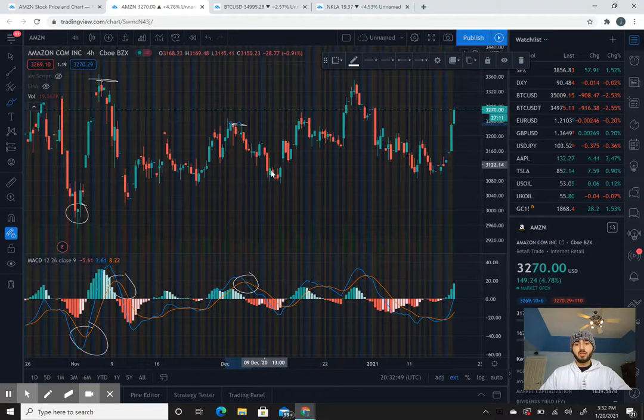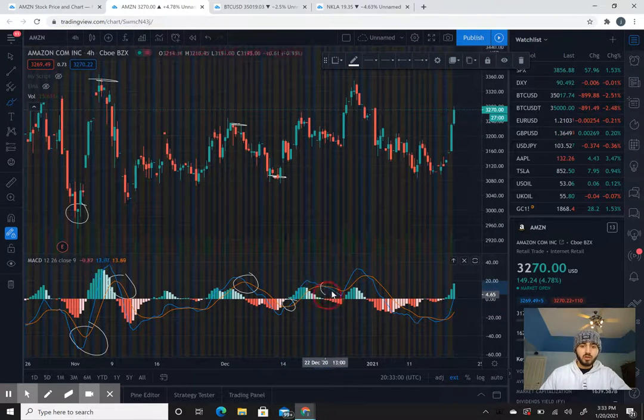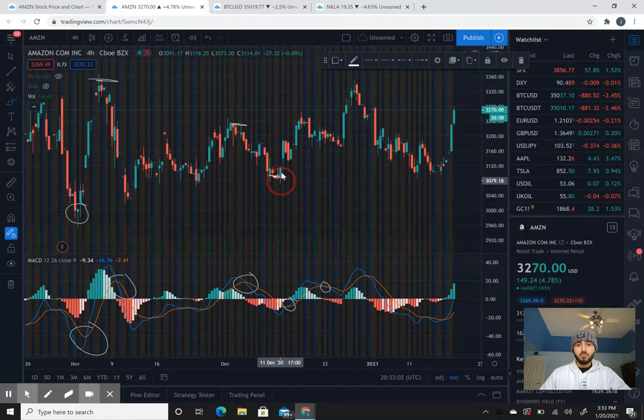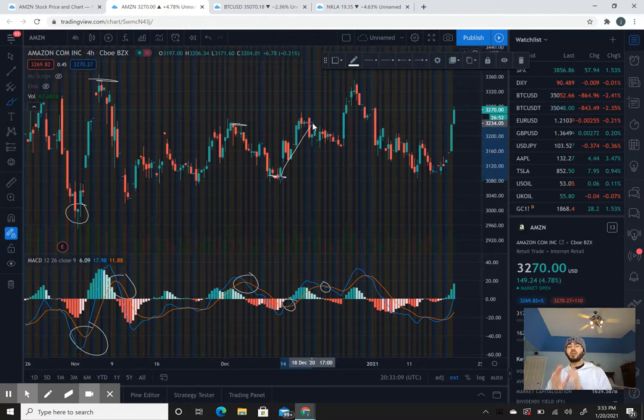You drop to this $3,100 mark where the MACD tells you, all right, pick it up. You pick it up at this $3,100 mark and you ride it out until this death cross right here, right? So that would have been a nice $200 or $150 upside right there just by following the MACD alone.